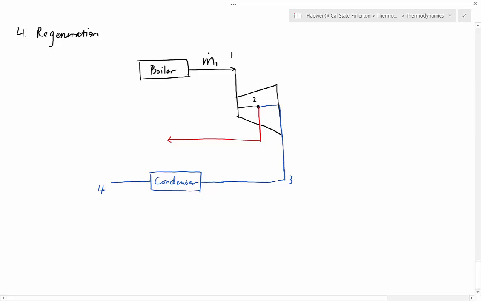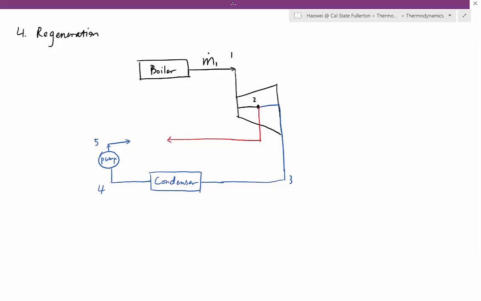And then we pump up the pressure. 4 to 5 is a pump. And then what's going to happen is number 5 will go to a tank. And number 2 will also go to a tank.